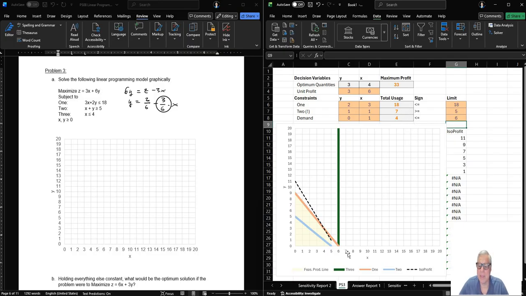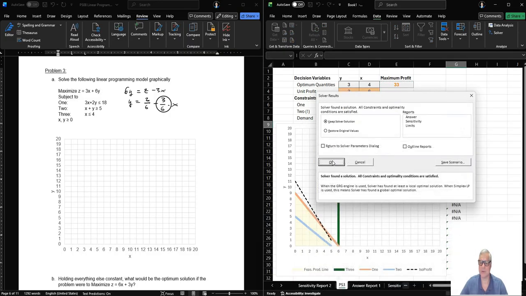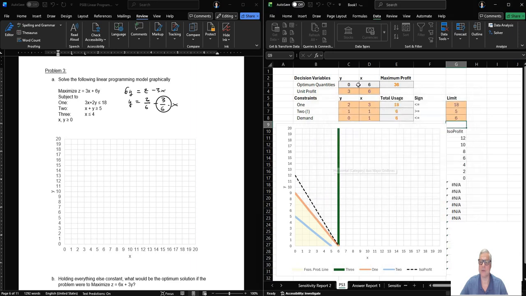I would think, from looking at it, it should be probably 6X and 0Y. So let's double check what we get. Solver, solve. Okay, and this is what we get. And relaxing the demand constraint even more wouldn't help, because in this case constraint 1 would bite.